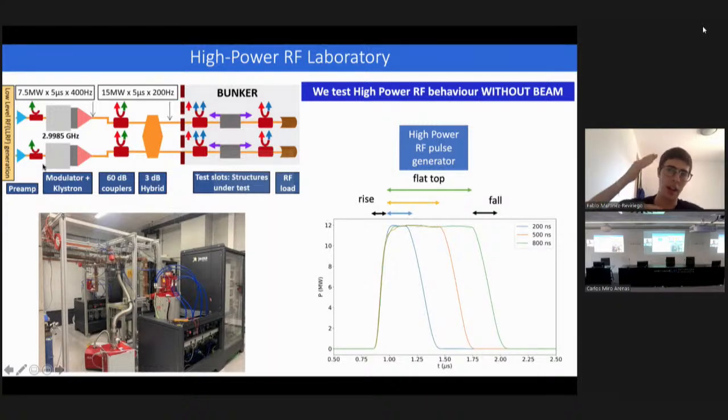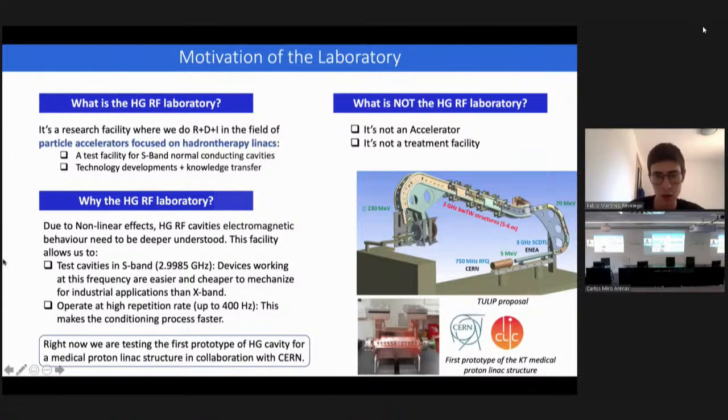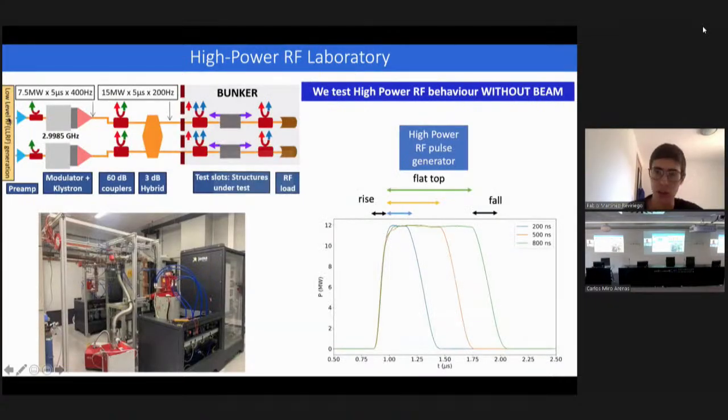So there is a step process where you first create your pulse with a very low power. Here, oh sorry, can you see the slide? Okay, so here you first create your pulse with a very low power.